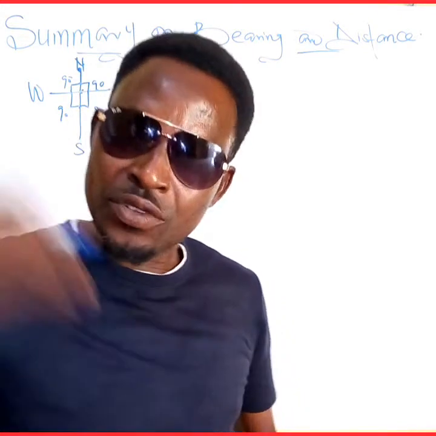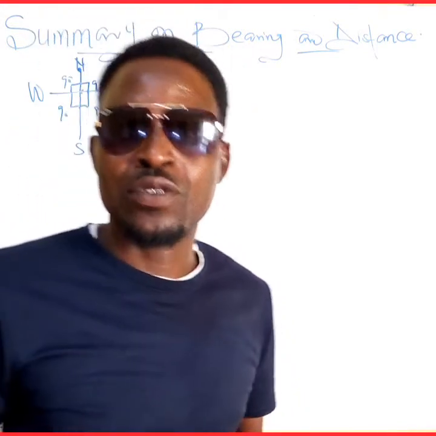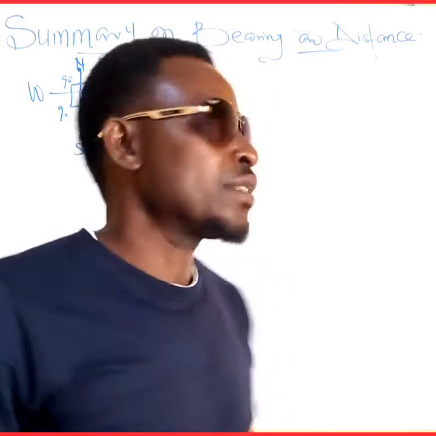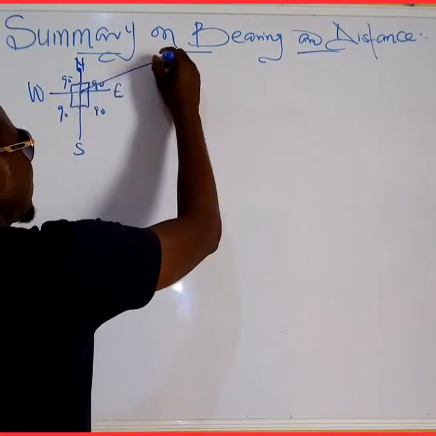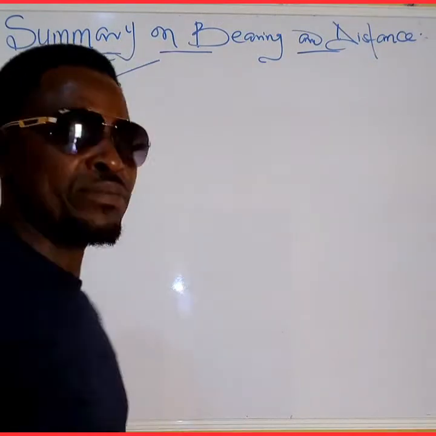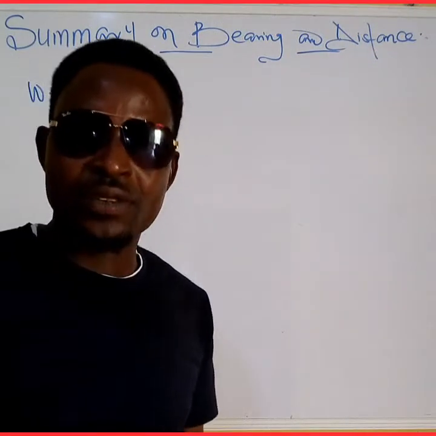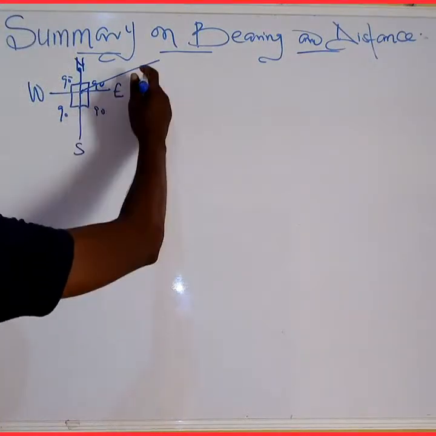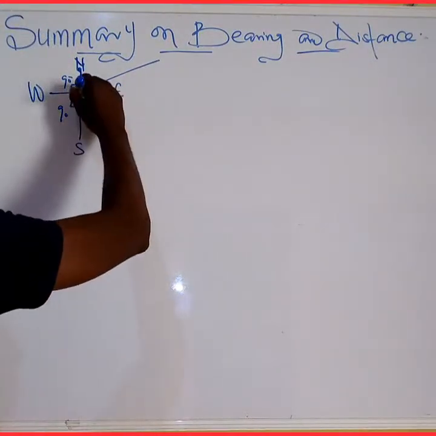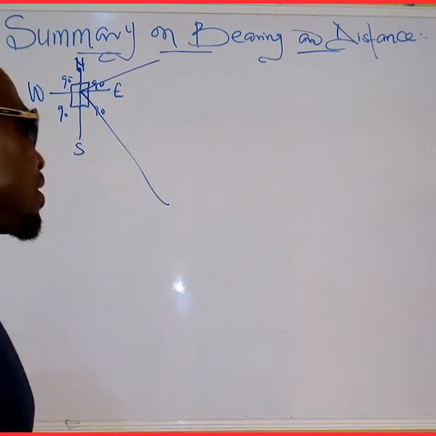Whenever you are moving to another place entirely, depending on how the question has been asked, if you are moving from 0 to 90, it will go this way, provided the angle is given, being less than 90 degrees and more than 0. If you are moving again, maybe you are given southeast, you are going to move this way, just to another point.